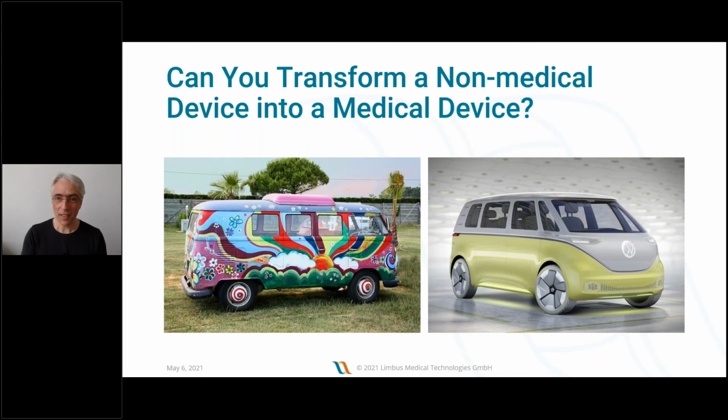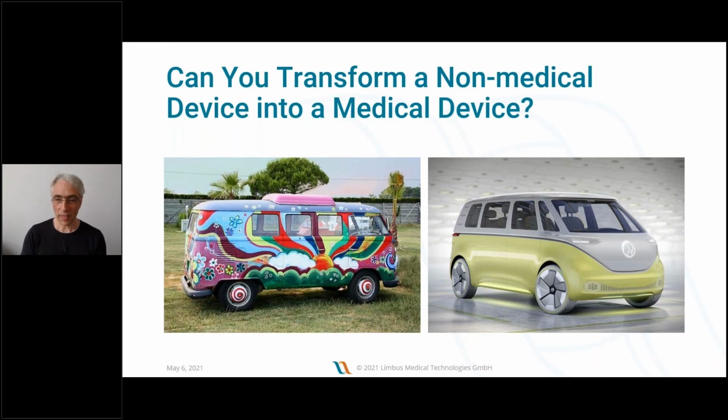You just can't put it on a test stand and test lighting and exhaust and brakes. It's not impossible. It's just very hard. The only thing that you can do is take it apart entirely and put it together piece by piece, and in that process document how you did it. And this, in the world of software, means basically to develop the software from scratch anew. So it's a big effort.